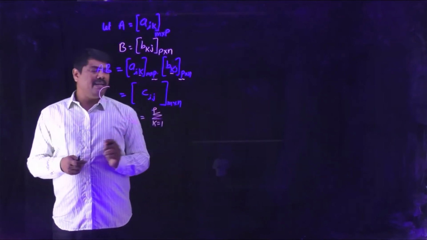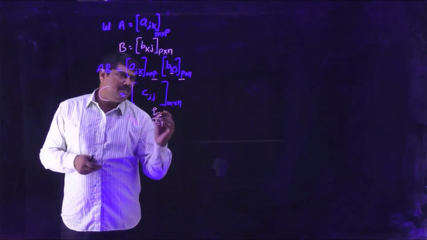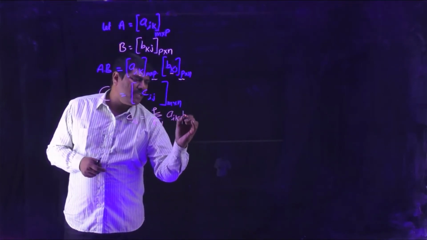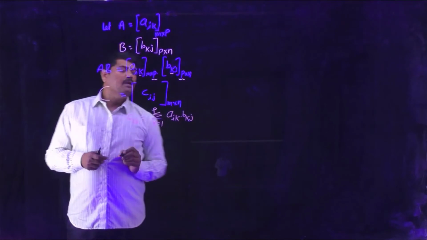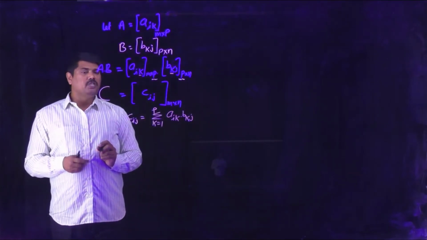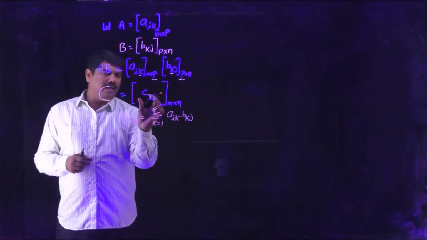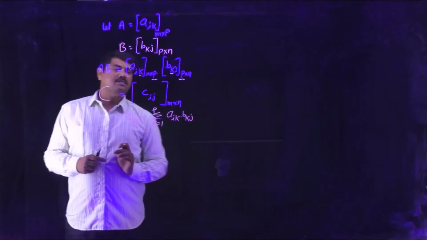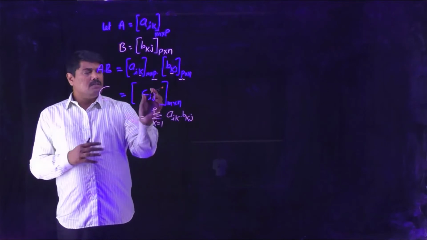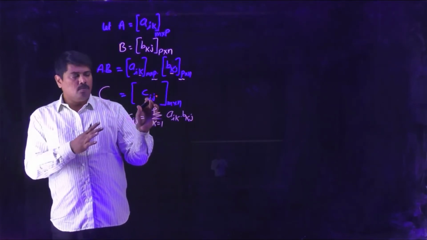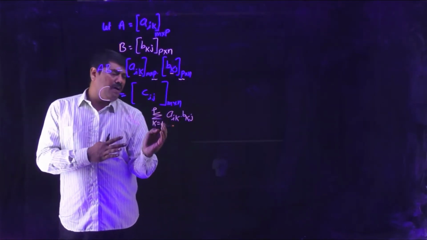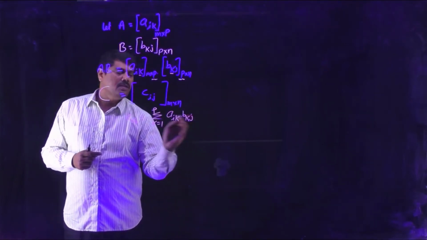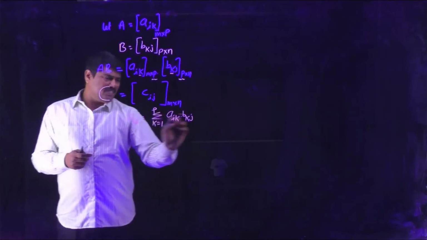And you get the values of the new elements like this: a_ik into b_kj. Sum of the product of the elements. So far, the elements obtained in the new matrix are in the form of the sum of the product of the elements a_ik, b_kj.